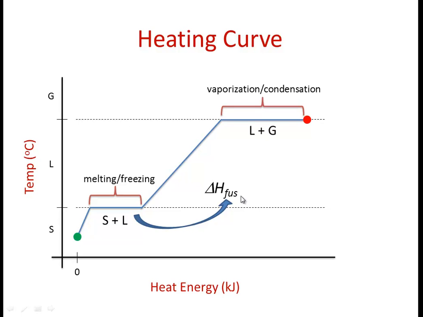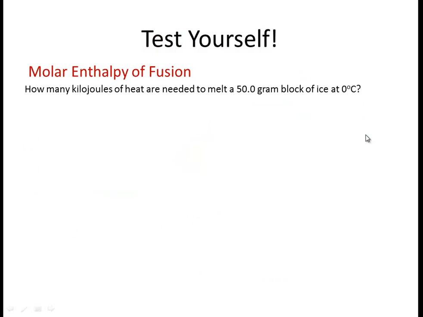And then up here, this phase transition that goes along the liquid-gas boundary is when vaporization or condensation is happening, and you have 2 phases that exist at the same time, liquid and gas. The value that you need to use for calculations along here is the molar enthalpy of vaporization.